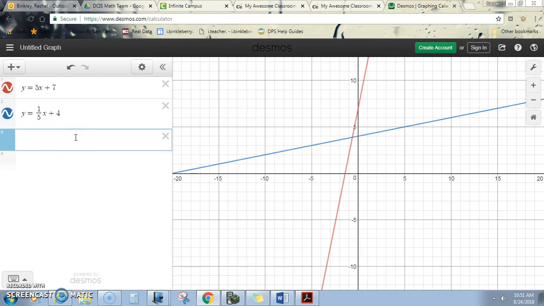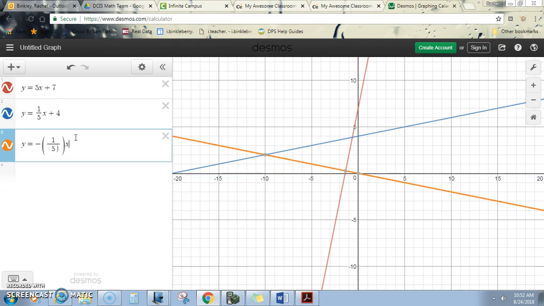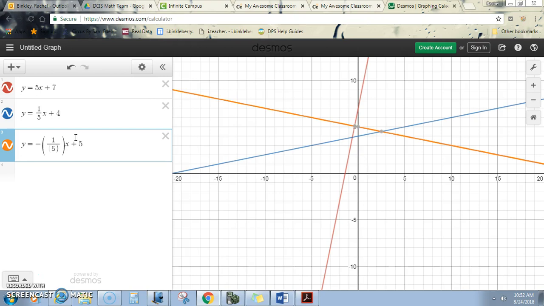The justification is that the slope needs to be a negative reciprocal. So if we did y equals negative 1/5 x plus 5, you can see that the red and the orange line are going to be 90 degrees, but that blue line is not going to be 90 with either one of those.